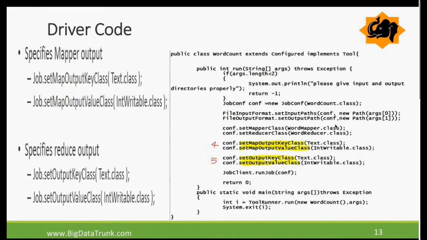The last 2 pieces we define are the mapper's output, how the mapper is going to produce its output, where we specify at the driver's code level the text and iterable, and again the final reducer's output format, which is text and iterable as well.